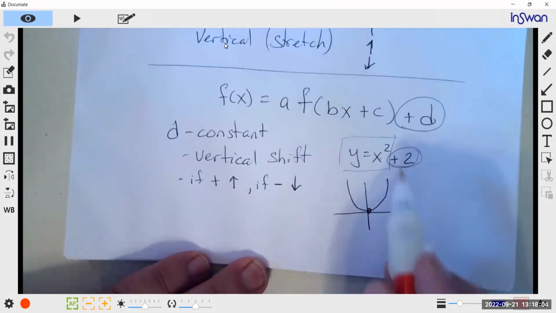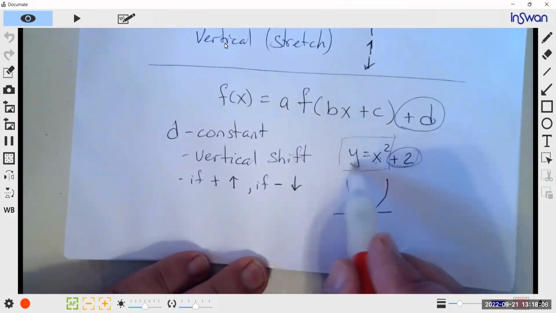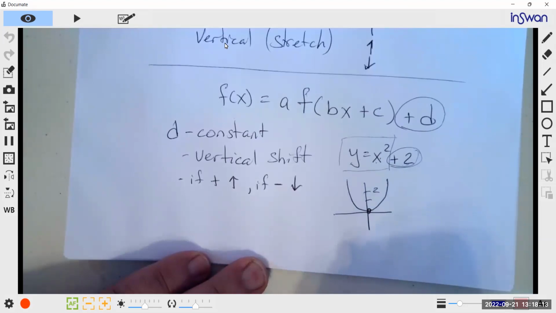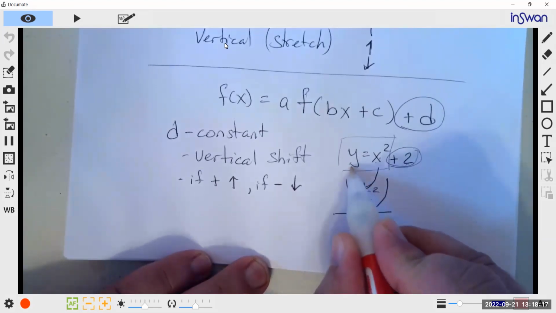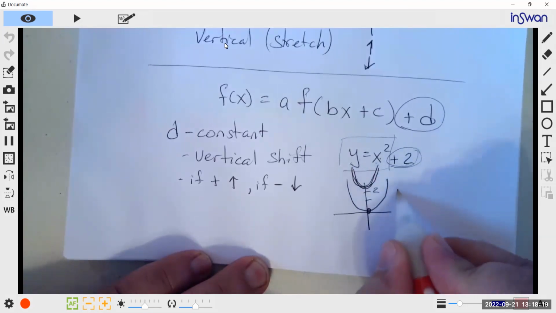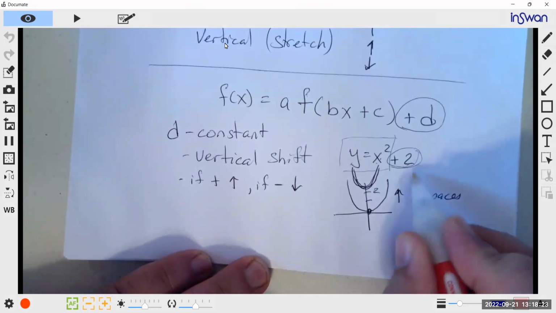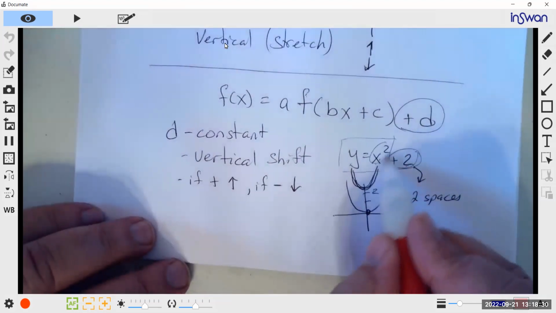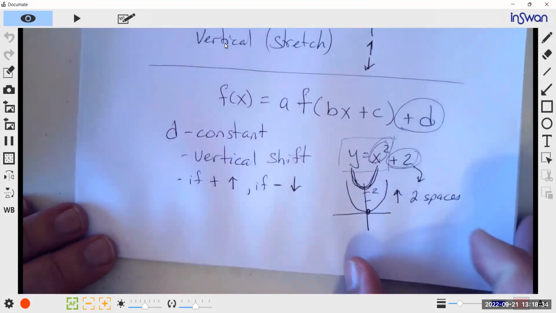It's right there. But now, the shift, when x is 0, y is 2. So this new shift, new graph, it takes the entire graph and it goes up 2 spaces. That's what that says. So all you have to do is figure out what the graph looks like from the library of functions. Then we have it.